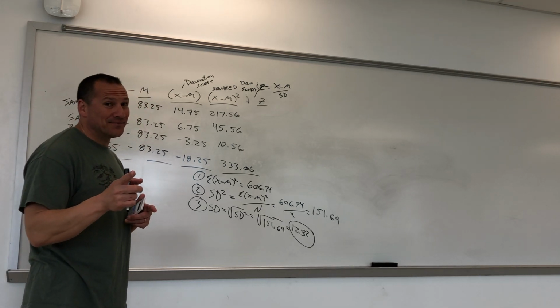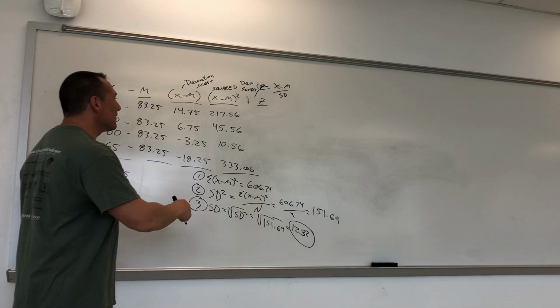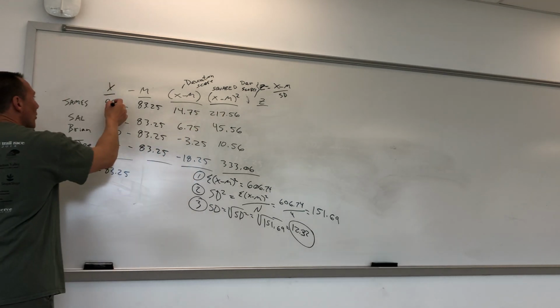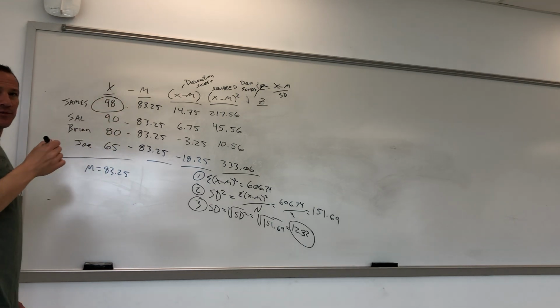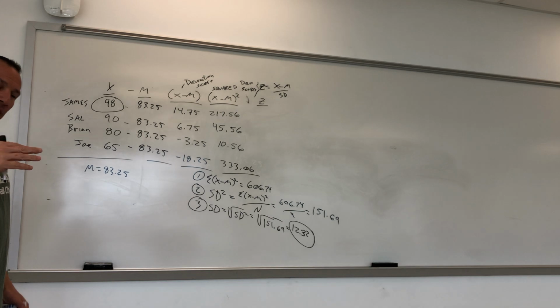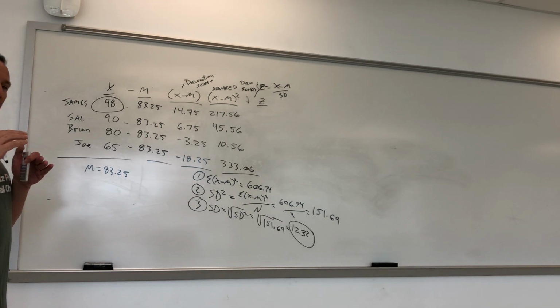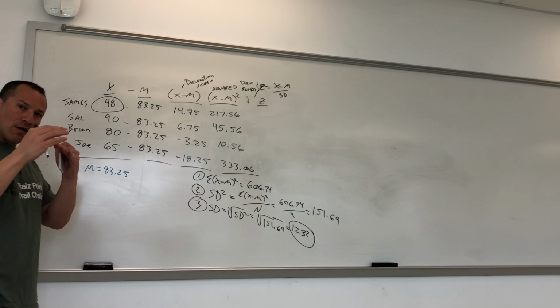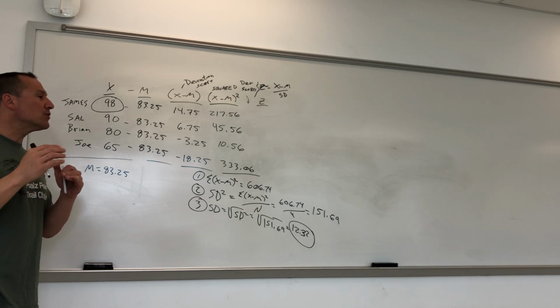I was close. So okay, so here's the first z-score. Remember, what is z? It is a comment on the raw score. So it's a comment on James's raw score. James's raw score is 98. The z-score, once we compute it, will tell us about James's raw score. It's saying how far above or below the mean is James's raw score.